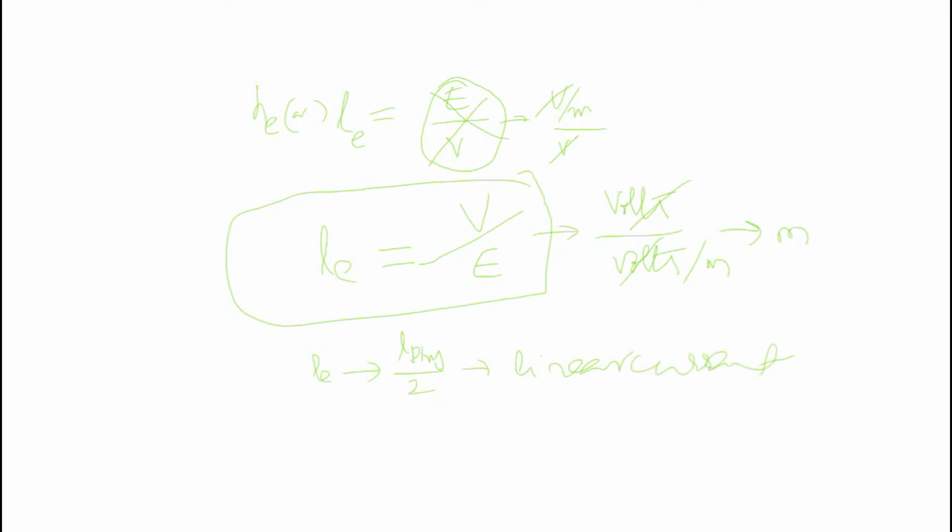And for sinusoidal current distribution, LE is equal to 2 into L physical divided by pi.